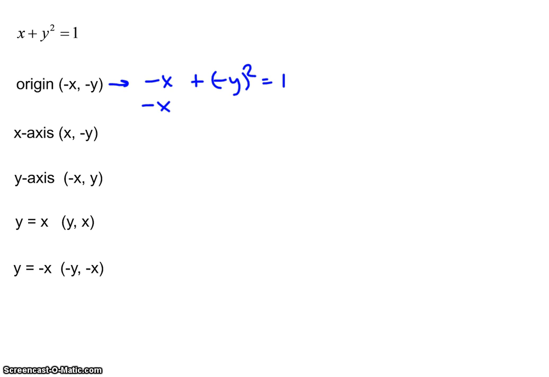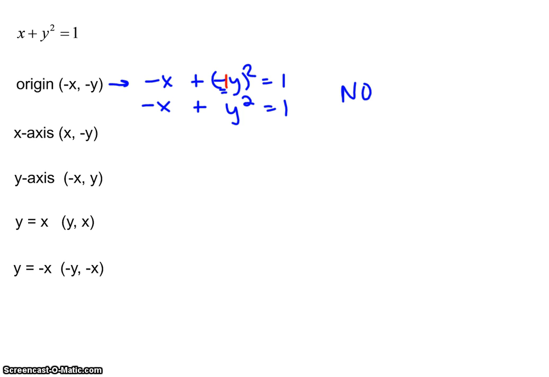Now, when I deal with this opposite of y, I'm going to think about it as a -1y squared. And when we square a product, I square both the number piece, which becomes +1, and the variable. I did not get back to my original, therefore I do not have symmetry with respect to the origin.